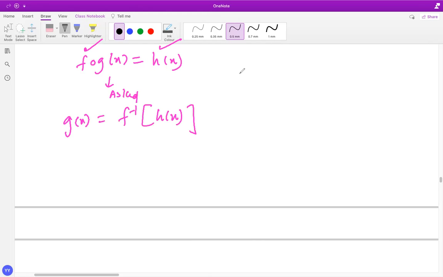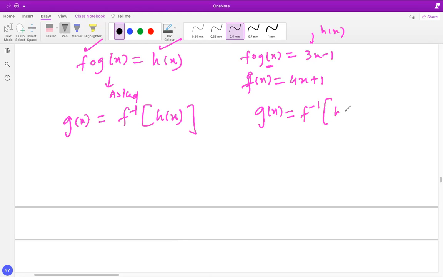So I'm going to take a simple example for this. Let's say you have f of g of x as 3x minus 1 and f of x is 4x plus 1. I wanted to find out what is g of x. So now you can see clearly this is my h of x. So if f of g of x is h of x and I wanted to find g of x, it is simply f inverse of h of x.